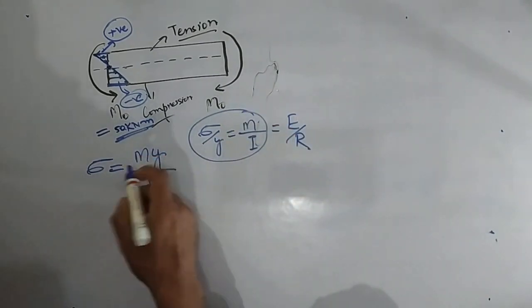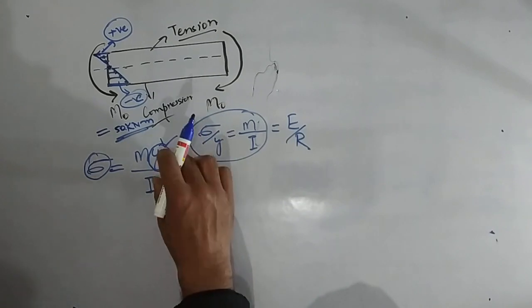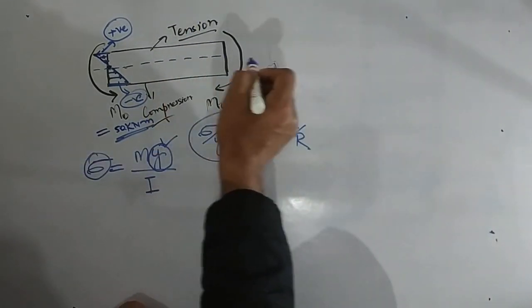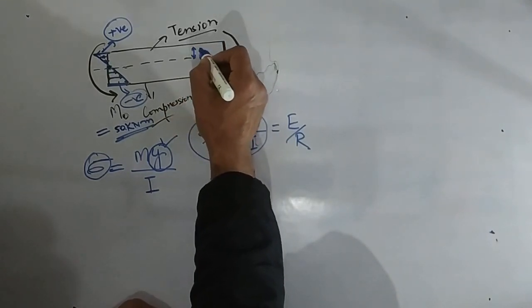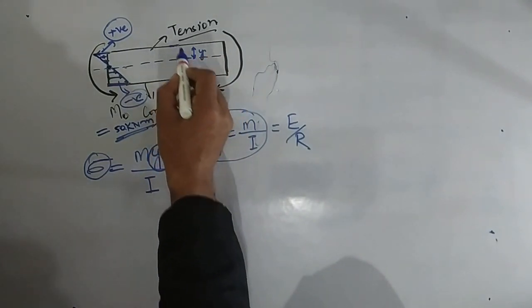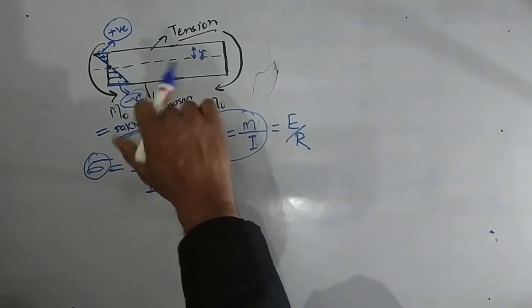Now this bending stress is directly proportional to the distance y, the distance between the fiber you are interested in and the neutral axis. If I talk about y max, that's the uppermost or lowermost fiber of the section, where the bending stress will be maximum.